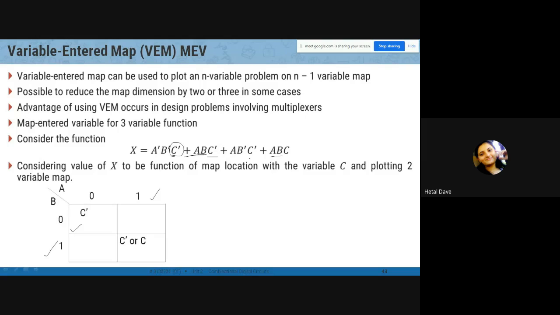Next is A B bar, which means they are talking about A and B bar, sorry, this cell where the value of C is complemented. So A B bar, this cell. This is the construction of the map.